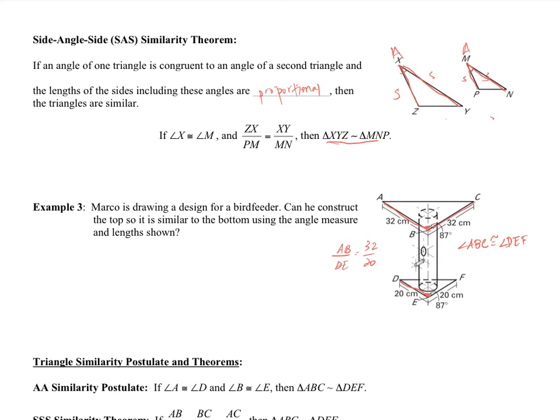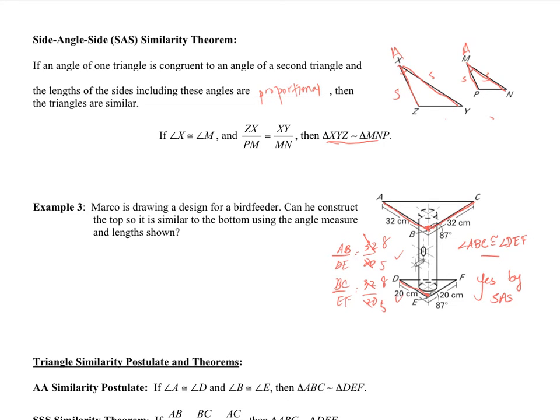And the other one, BC to EF. There we go, 32 divided by 4 is 8. So yes, they do have the same ratios for the sides, and the included angle is equal. So by SAS, Marco can design this bird feeder with the given measurements.